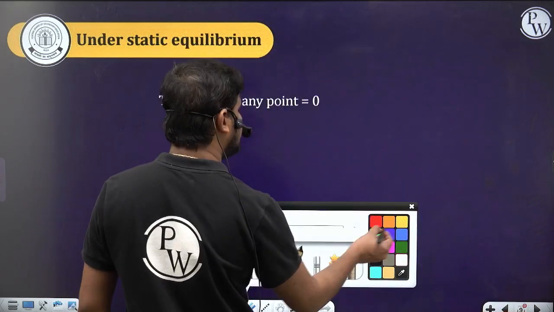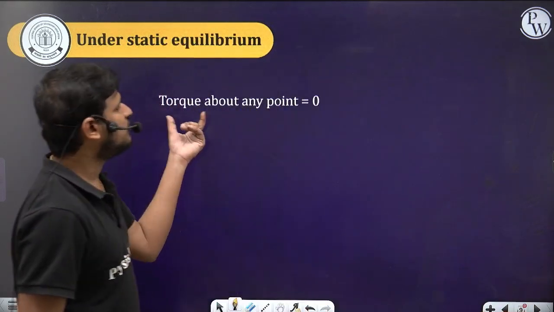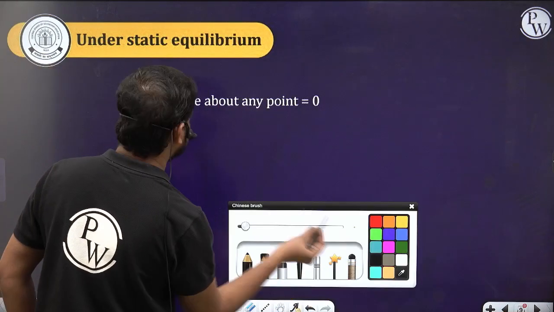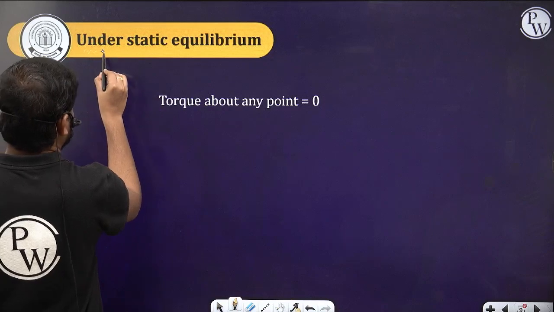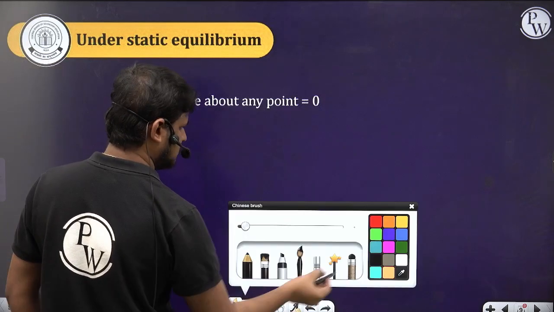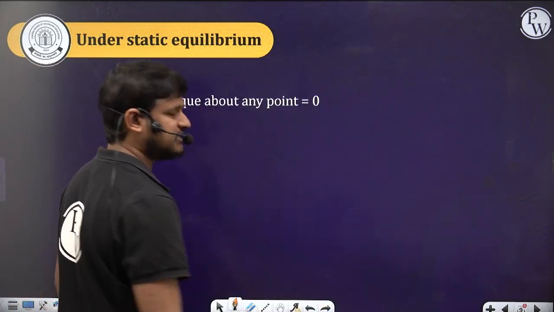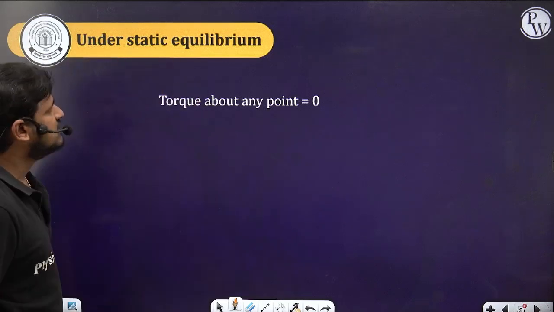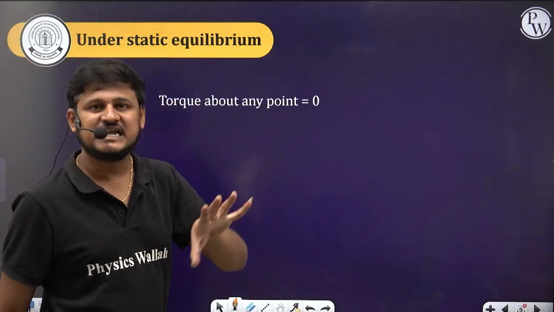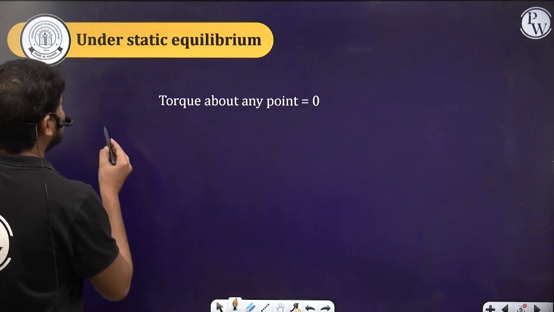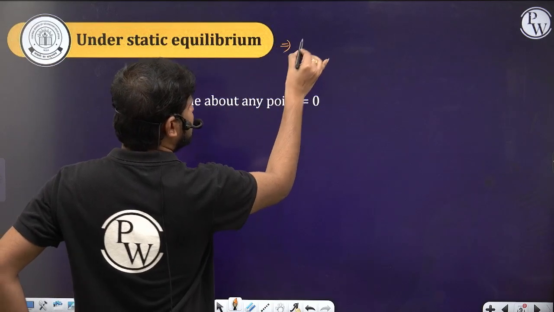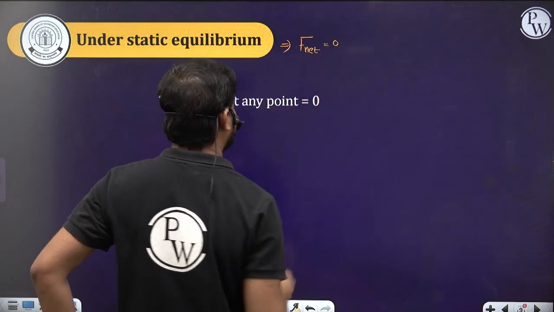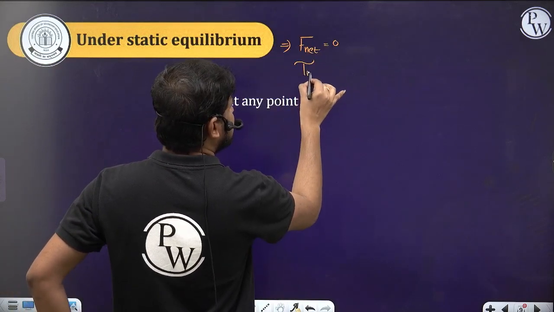The torque about any point is 0. Under static equilibrium, understand this point guys, very important. For the next 1 hour, whatever questions I am going to solve will be completely based on static equilibrium. Under static equilibrium, the first point you can consider is that the net force will be 0, and the net torque also will be 0.